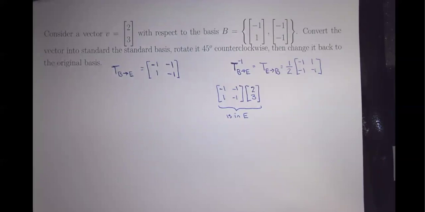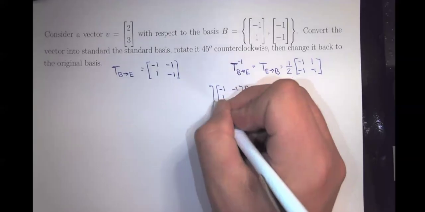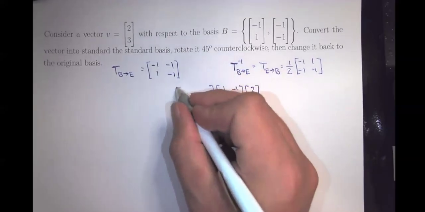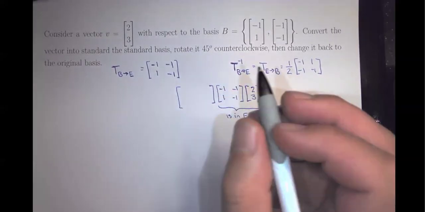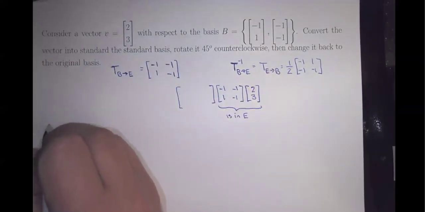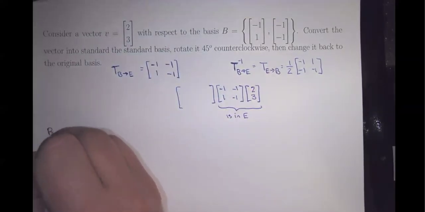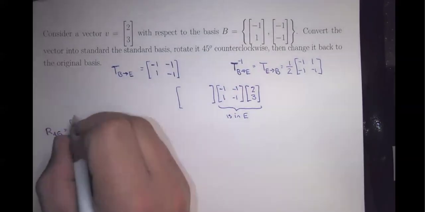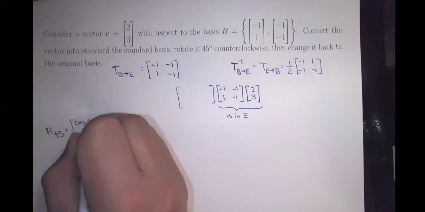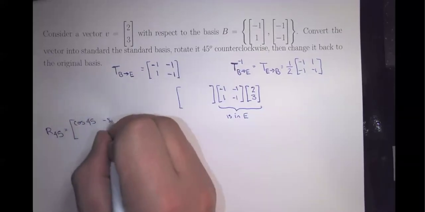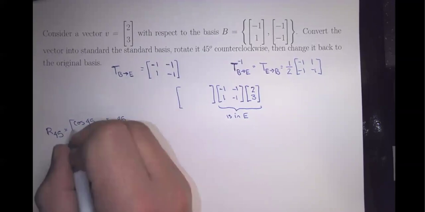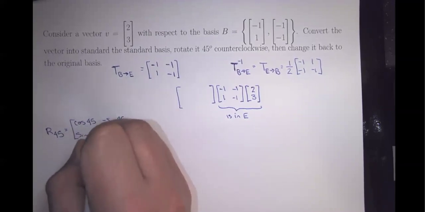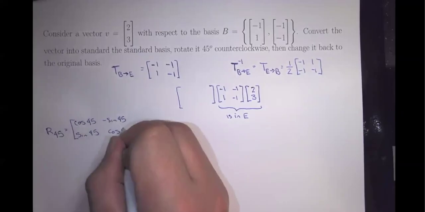Now, once I have that vector in terms of E, I want to rotate it 45 degrees counterclockwise. Now that matrix, if we recall, the rotation matrix for 45 degrees counterclockwise is cosine 45, negative sine 45, sine 45, cosine 45.